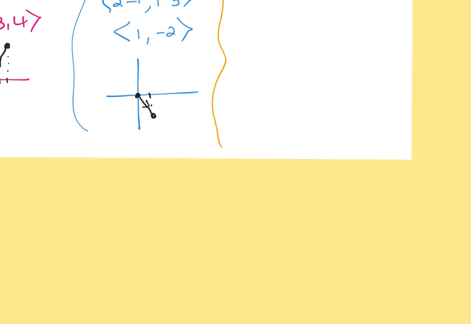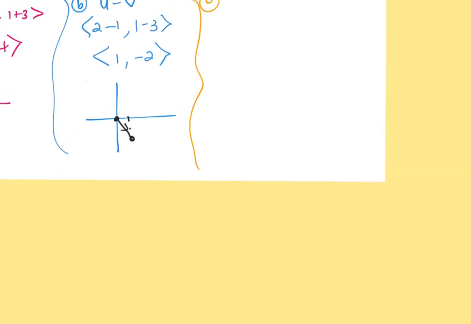C is 2u minus 3v. So I have to do 2 times u, which is 2, 1, minus 3 times v, which is 1, 3. First goes the scalar. So I'm going to distribute this in, and I'd get 4, 2, then distribute the 3. Now here you have two choices.